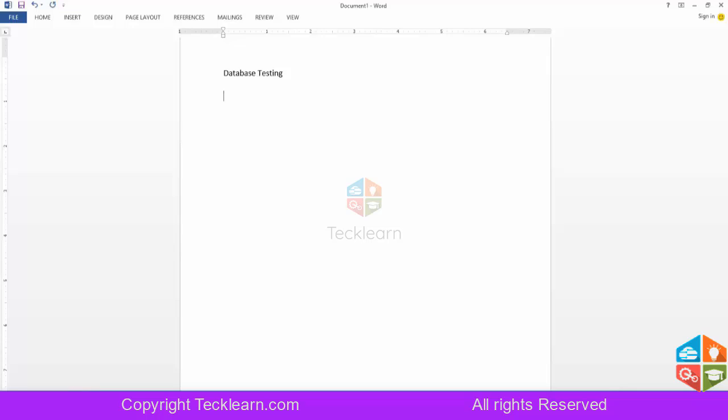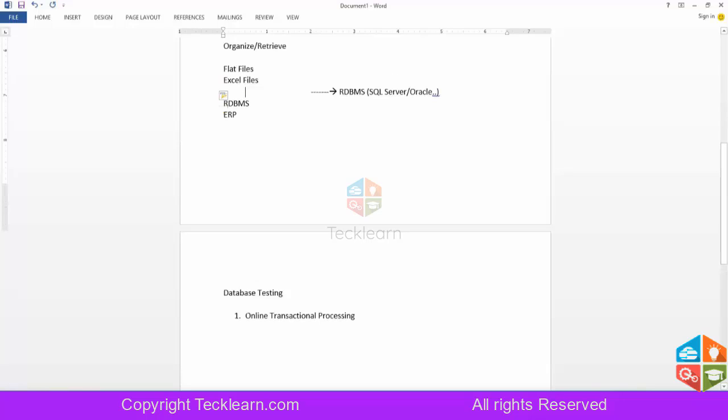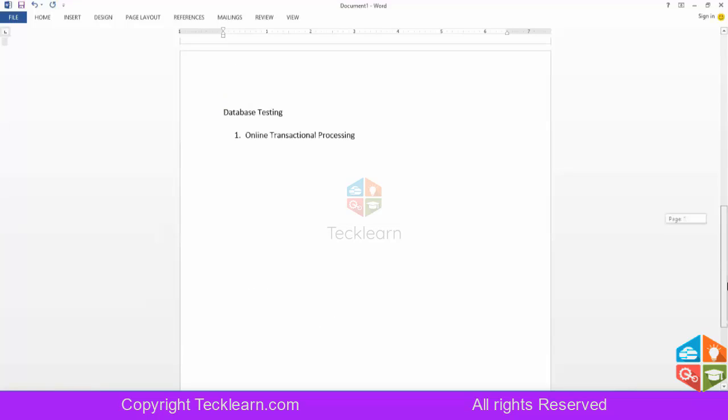One is online transactional processing, and the other is online analytical processing.